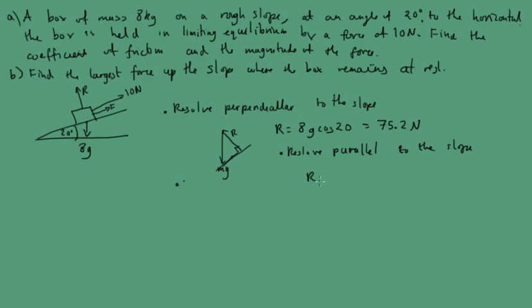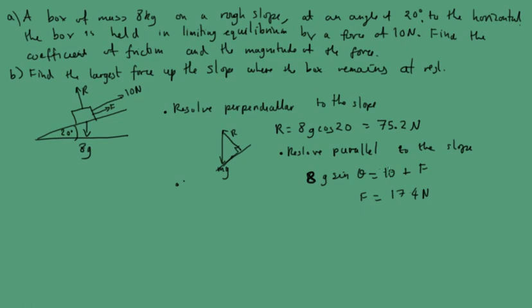So we'd have 8g sine theta is going to be equal to 10 plus F. So that's going to give us F is equal to 8g sine theta. F is equal to 17.4 newtons.